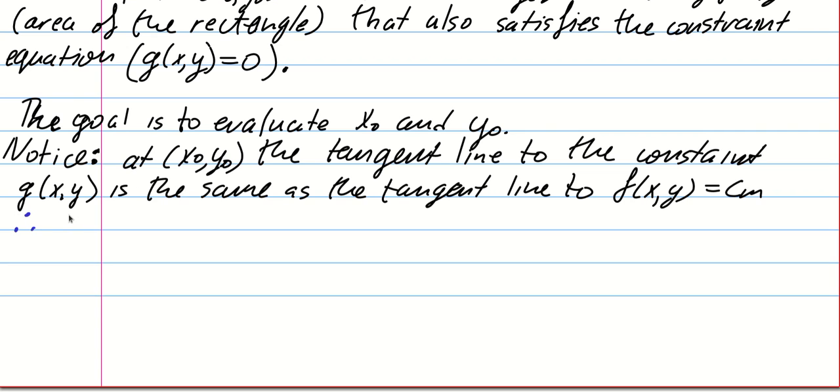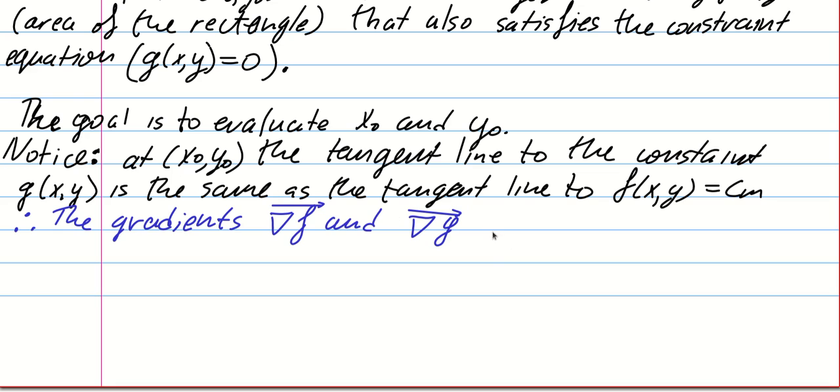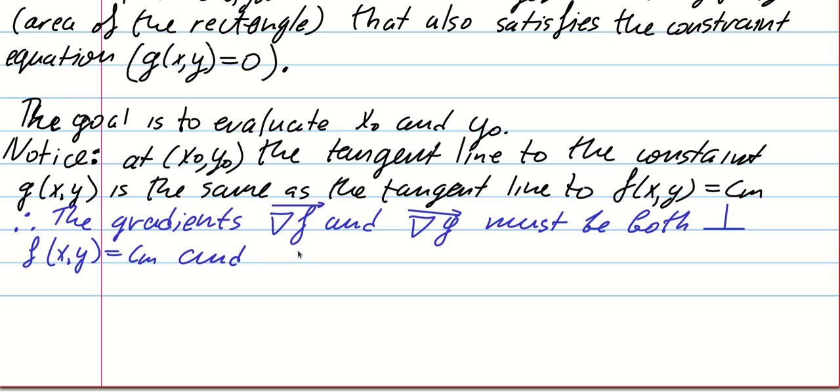We can say that the gradients of f and g must be both perpendicular to f of x y equals c sub m and g of x y equals 0.